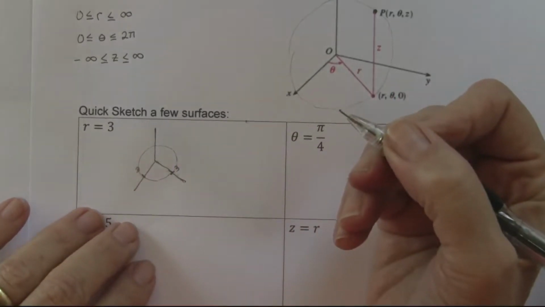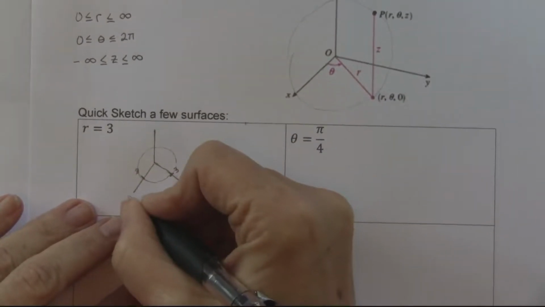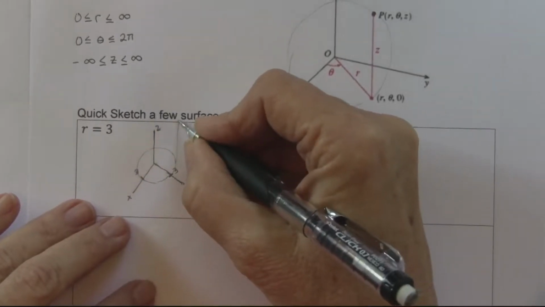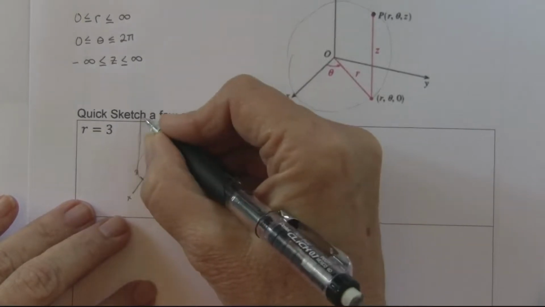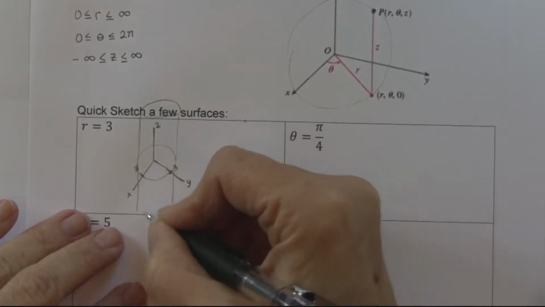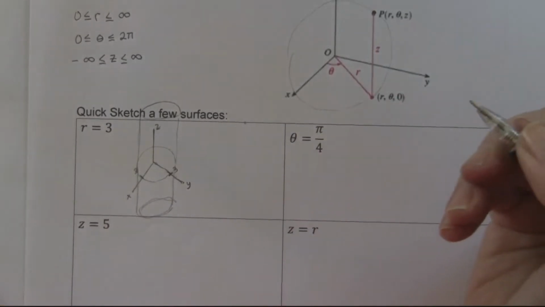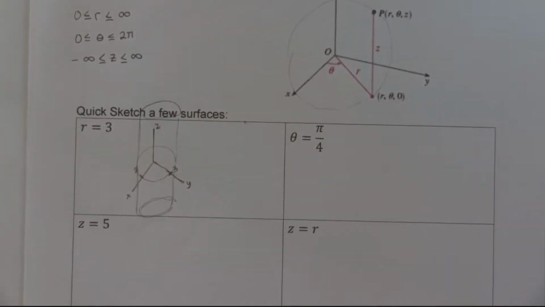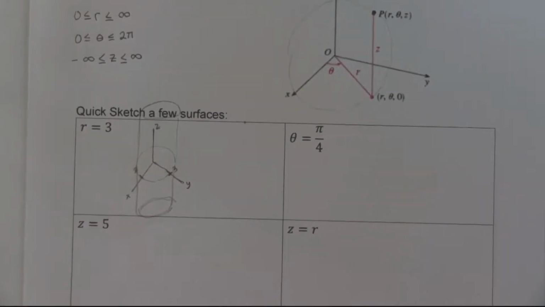So that is a circle on the xy plane. This is y, this is x, this is z, and then it is a cylinder because z can be anything. So I'm drawing here a cylinder. That's kind of nice, that r equals 3 is a cylinder of radius 3.